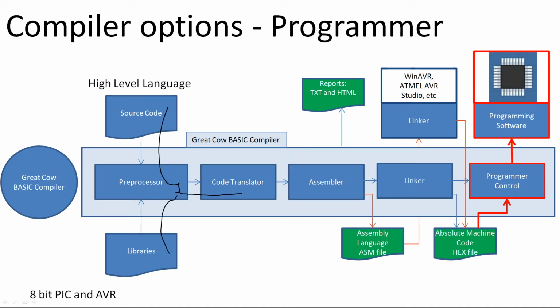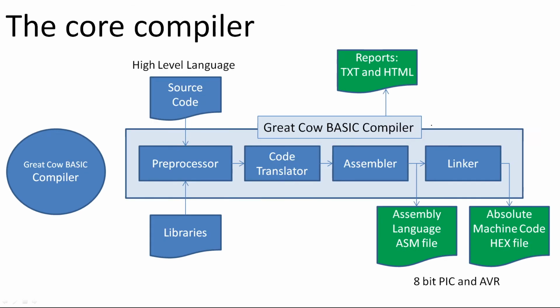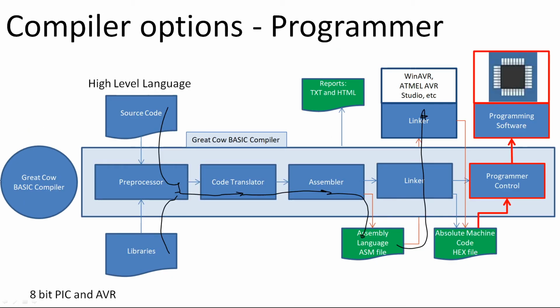It will then take those two through the code translator into the assembler. It will generate the assembler file, and it may stop there. You may decide for it to go direct into another linker or another tool like WinAVR, Atmel AVR Studio, etc., and use those to generate your hex file.